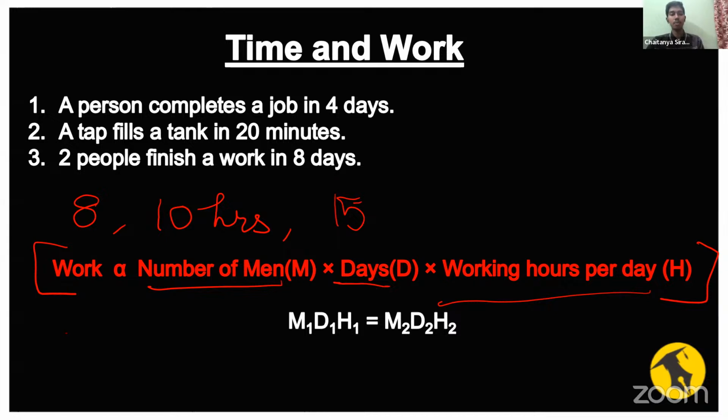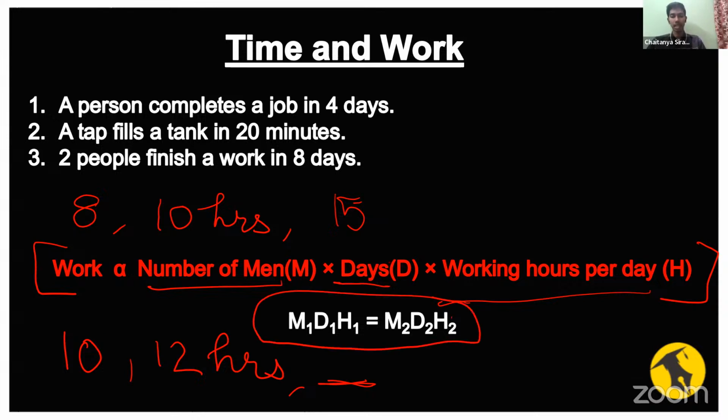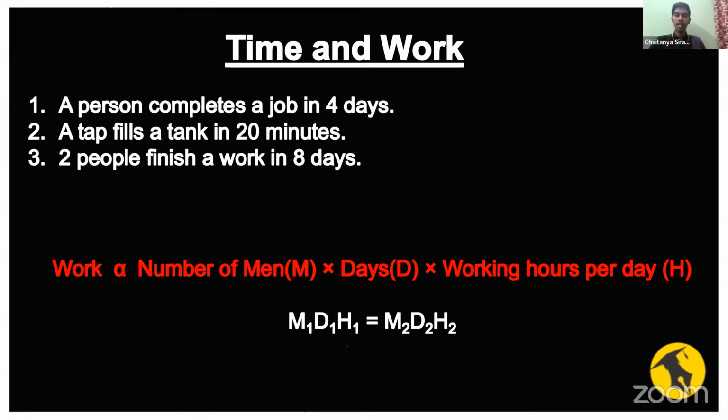Now they will ask, suppose there are 10 men working 12 hours each day, how many days will they take? In that case, you will have to use this relationship where you multiply number of men into working hours per day into number of days, and you can eventually find out the sixth term. All right. So let's straight away get to the questions now.